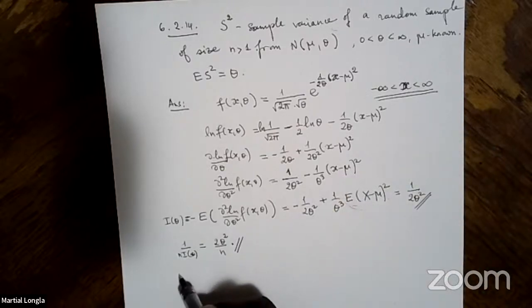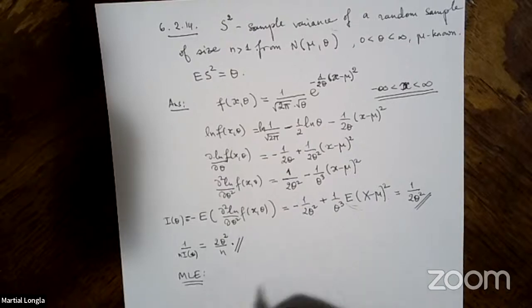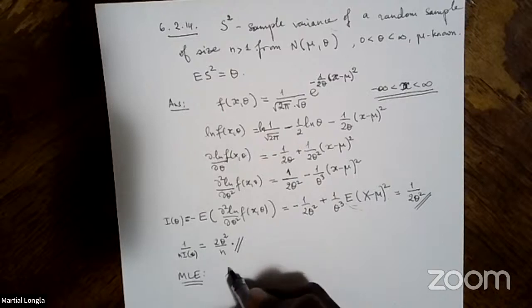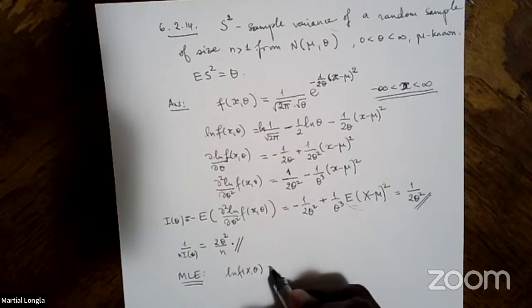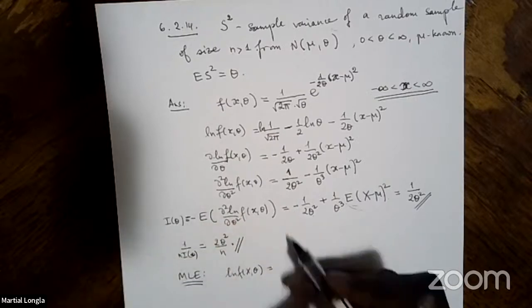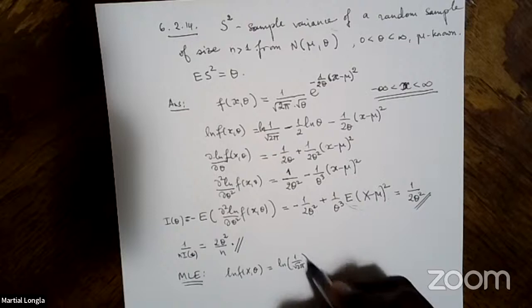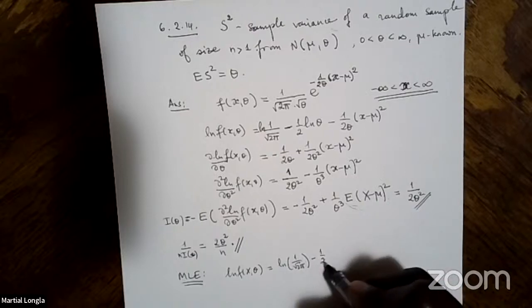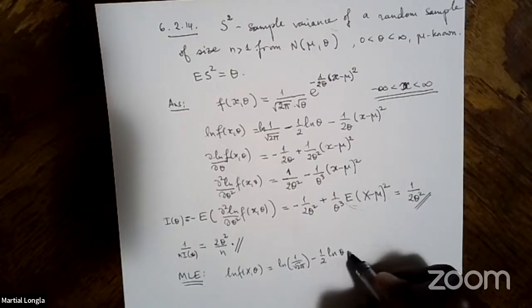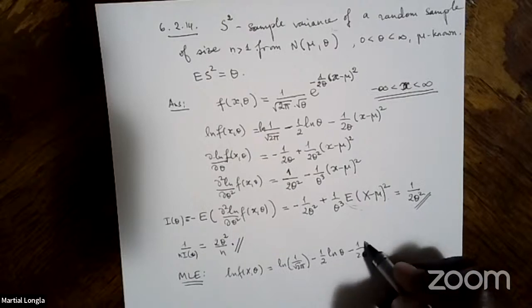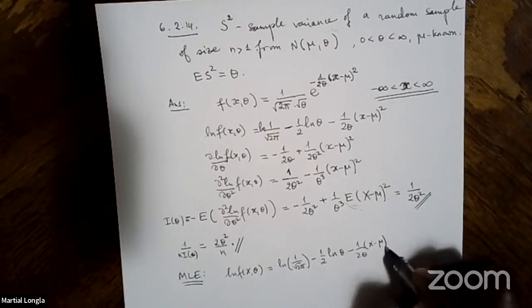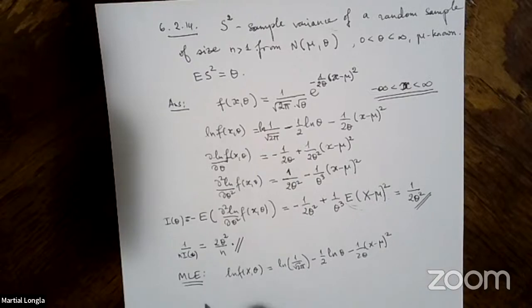So for the MLE, the natural log of f of x theta is what you have: natural log of 1 over square root of 2 pi, minus 1/2 natural log of theta, minus 1 over 2 theta times (x minus mu) squared.